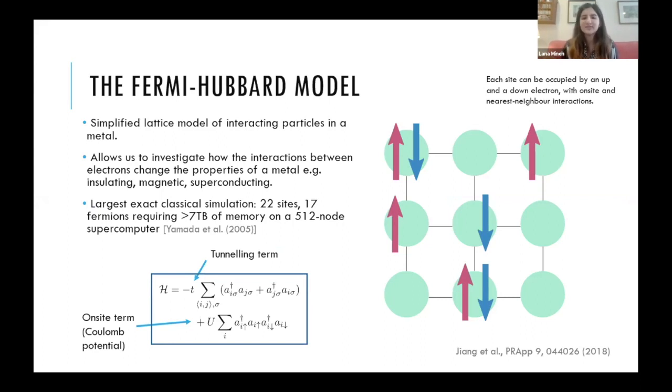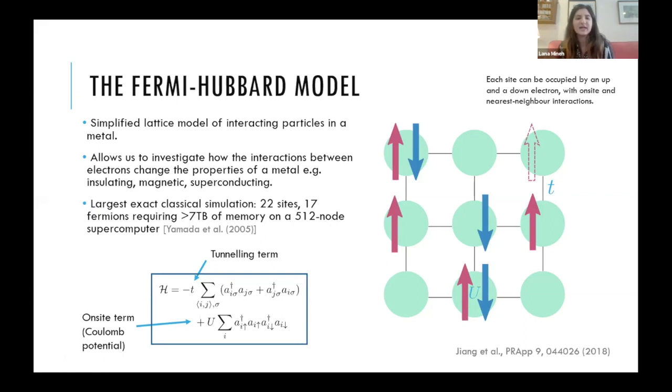And the two types of interaction you have are this tunneling or hopping term. So electrons can jump to neighboring sites. And then there's also this interaction term, this on-site term. And this is characterized by this value U, the Coulomb potential. And this basically just penalizes two electrons being on the same site at the same time.